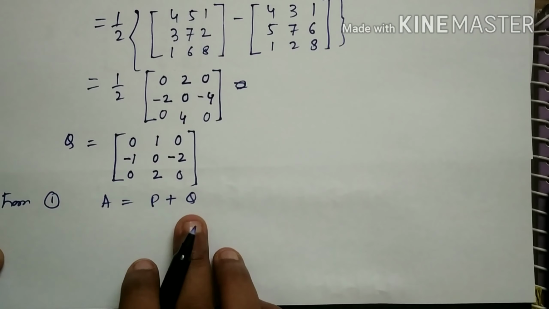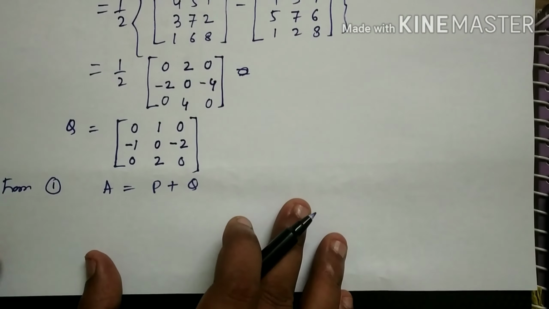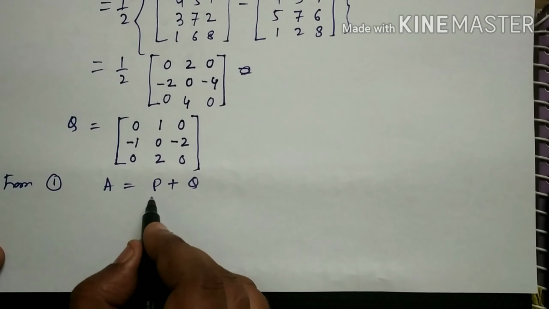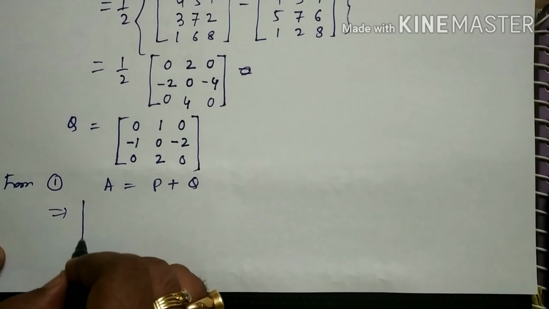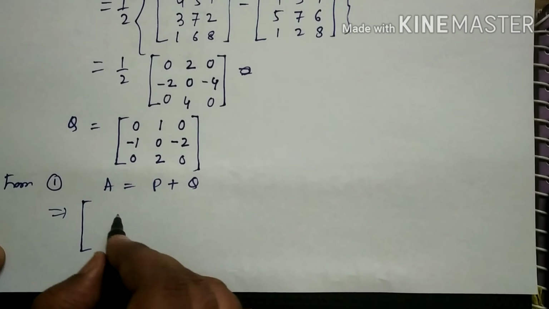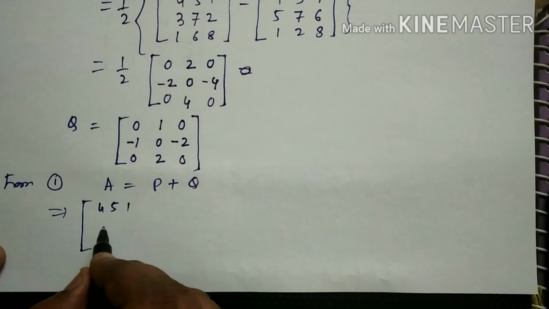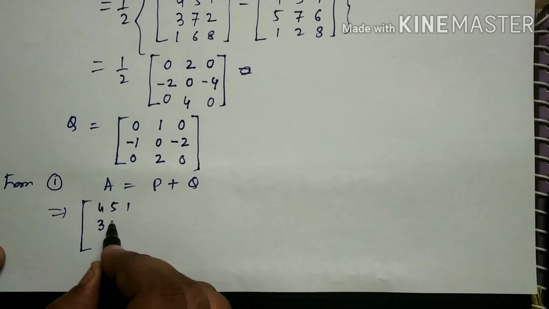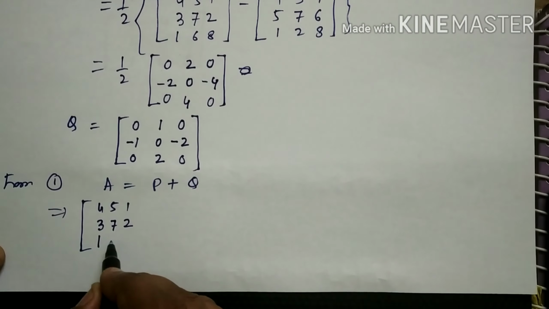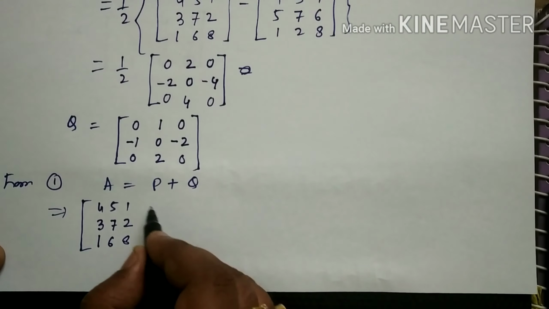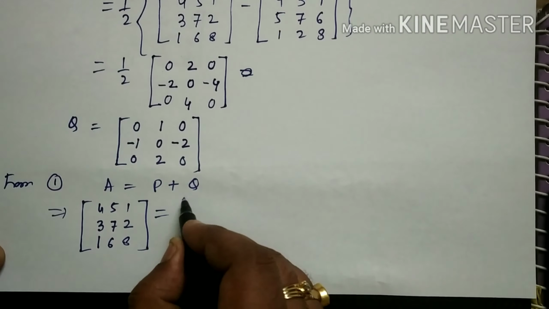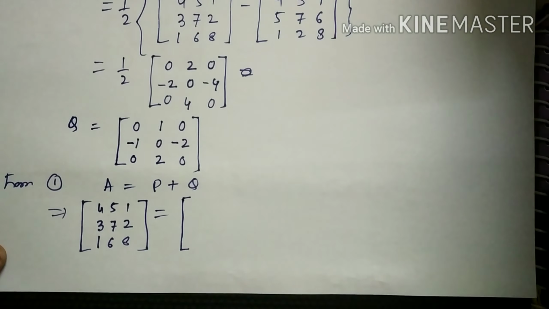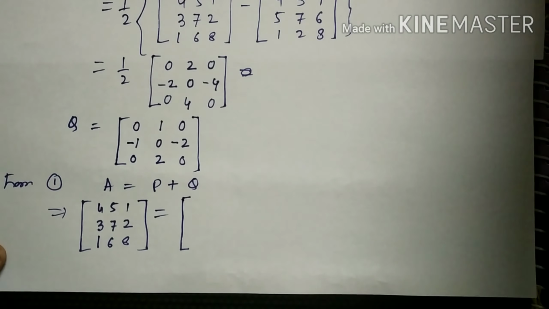What is Q? Q is a skew symmetric matrix. So now you know P and Q. Substitute here. This implies A is equal to [4 5 1; 3 7 2; 1 6 8] can be expressed as a symmetric part, that is P. What is P?